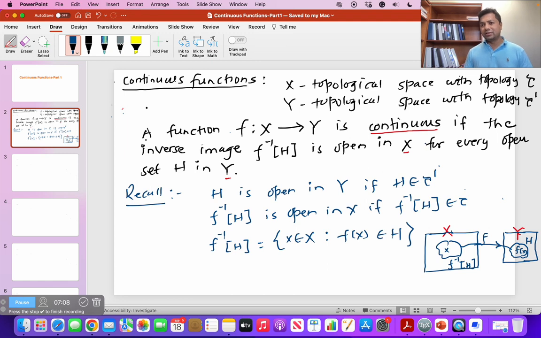If that condition is true for this function, then the function is called continuous, otherwise not. Let me repeat one more time. If the inverse image of each element in the topology tau prime is one of the elements in topology tau, then that function is called a continuous function, otherwise not.